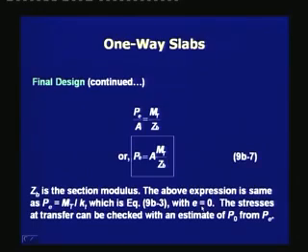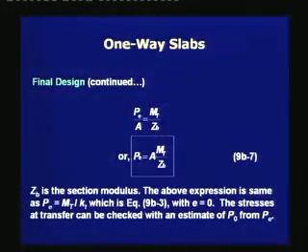Earlier we had seen one expression where Pe is equal to Mt divided by e plus Kt. In that equation, if we substitute e equal to 0, then we get Pe is equal to Mt divided by Kt, and this expression is the same as Pe equal to A times Mt divided by Zb. Thus, both these expressions are the same, but the one given here is a convenient expression when the eccentricity is 0.